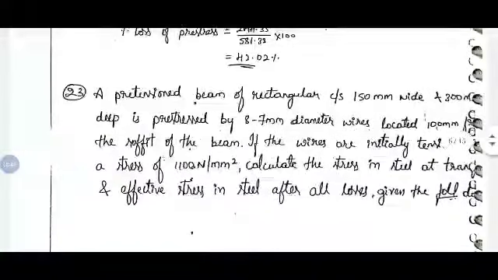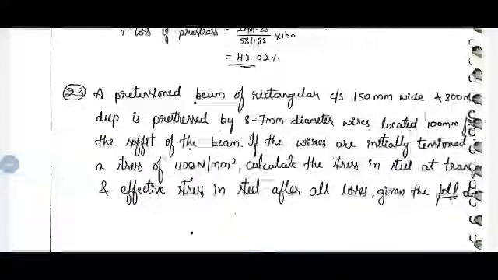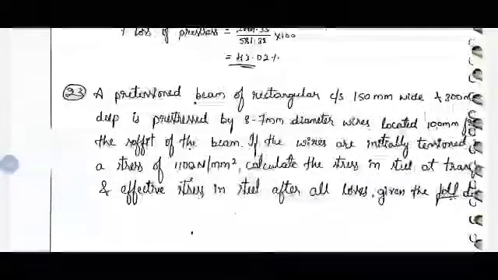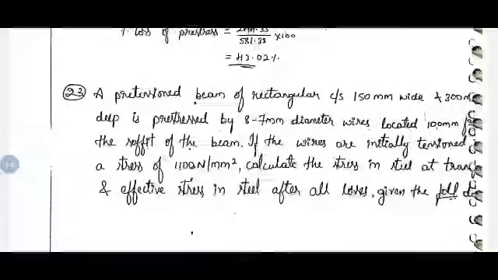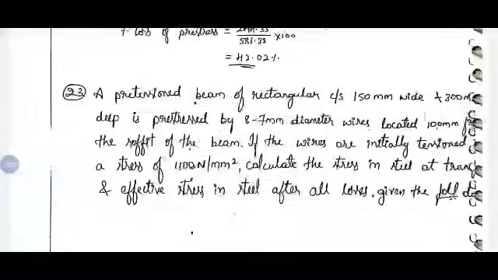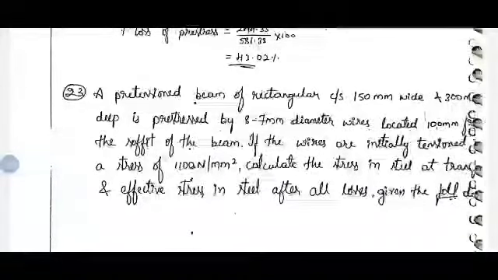Next problem: a pre-tensioned beam of rectangular cross section 150 mm wide and 300 mm deep is pre-stressed by 8 numbers of 7 mm diameter wires located at 100 mm from the soffit of the beam. If the wires are initially tensioned to a stress of 1100 Newton per mm square, calculate the stress in steel at transfer and effective stress in steel after all losses given the following data.